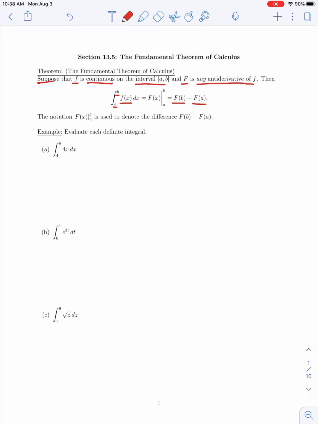Now, some notation that we typically use to denote that difference is the following. We would say capital F of x, and then we have a vertical bar after it with a subscript of a and a superscript of b, which are denoting the left and right endpoints of our interval.